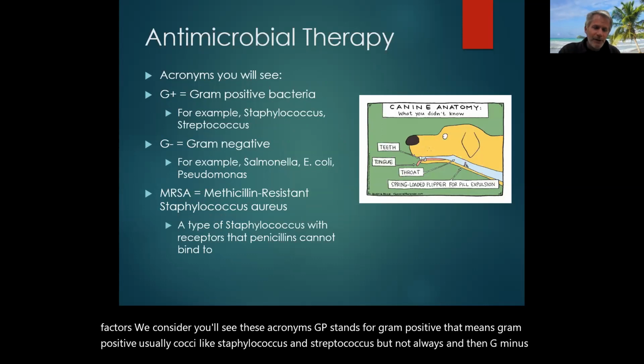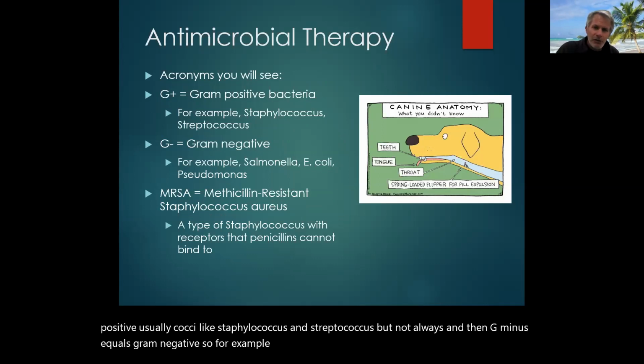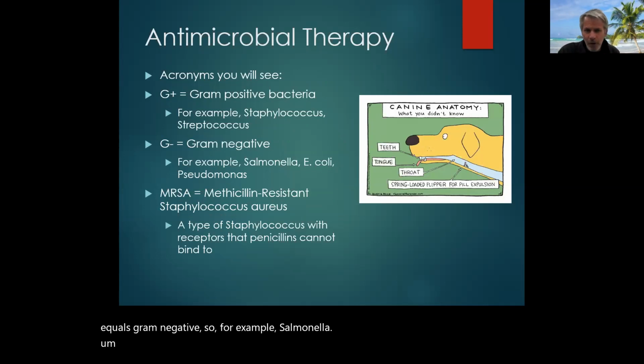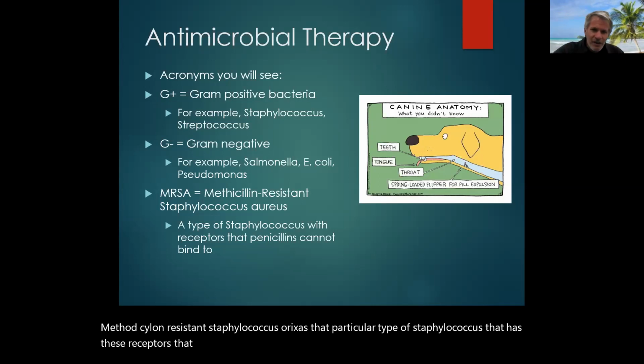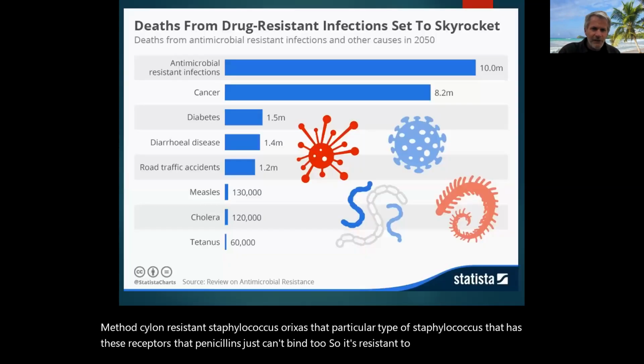So, for example, Salmonella, Escherichia coli, Pseudomonas, and then you'll see this guy again, MRSA, methicillin-resistant Staphylococcus aureus. That's that particular type of Staphylococcus that has these receptors that the penicillins just can't bind to, so it's resistant to the penicillins and the cephalosporins.